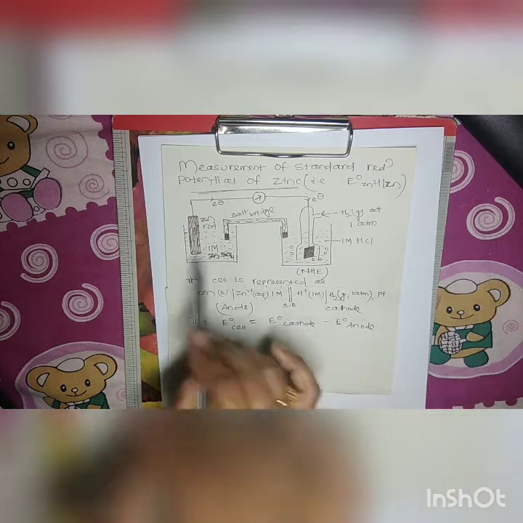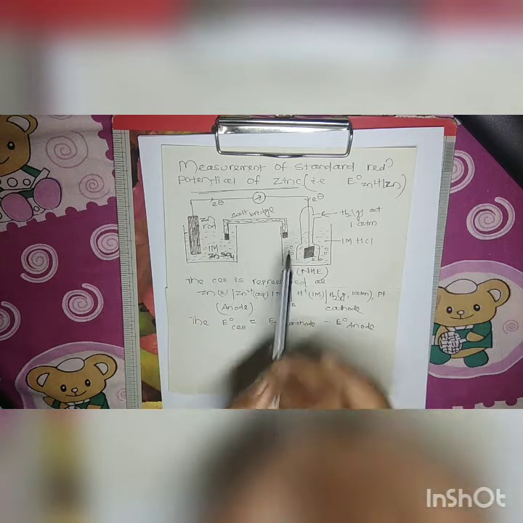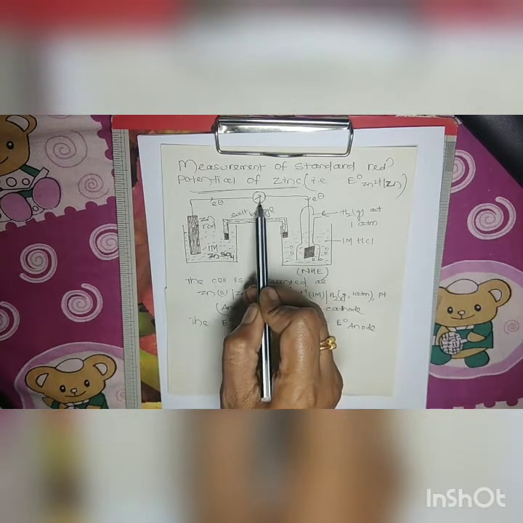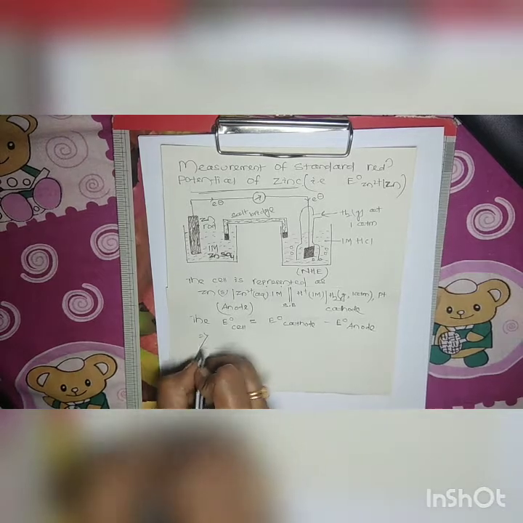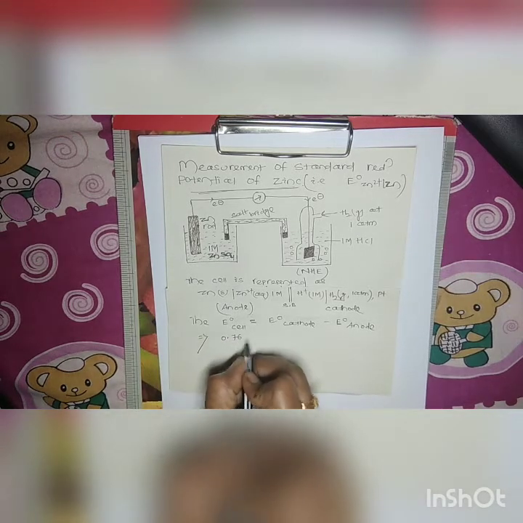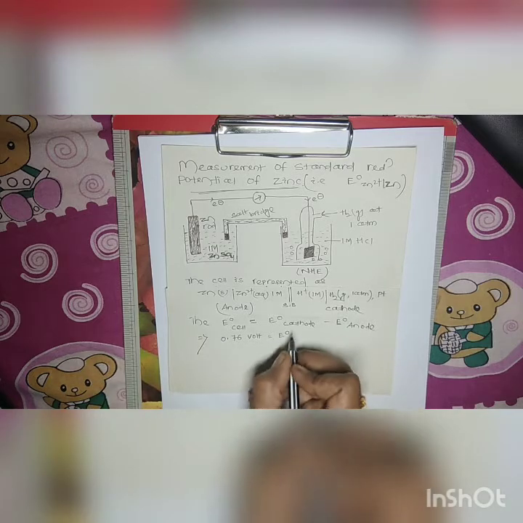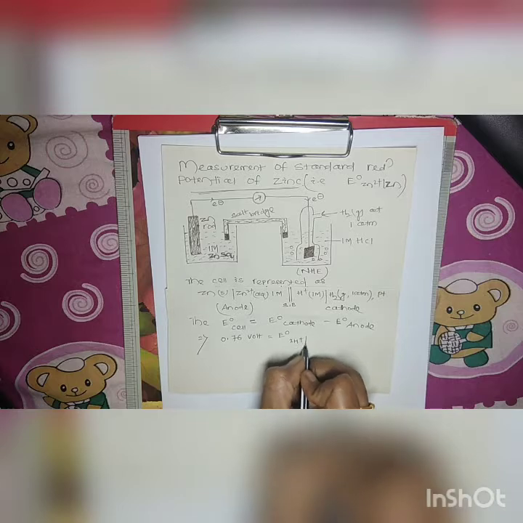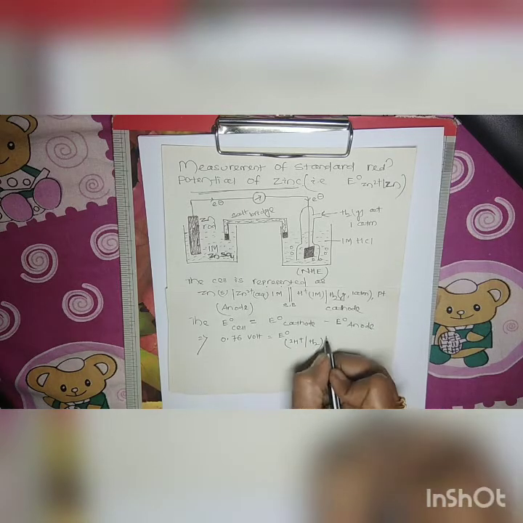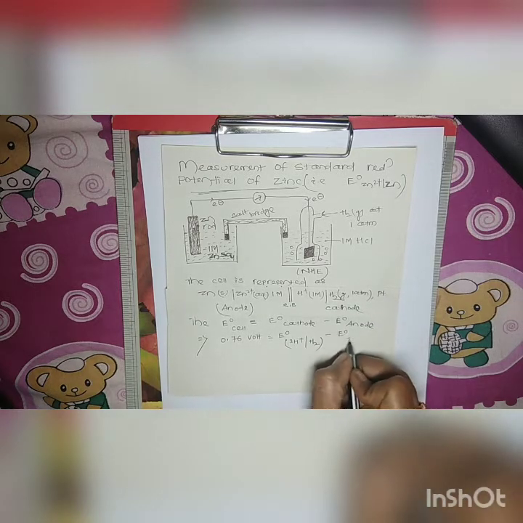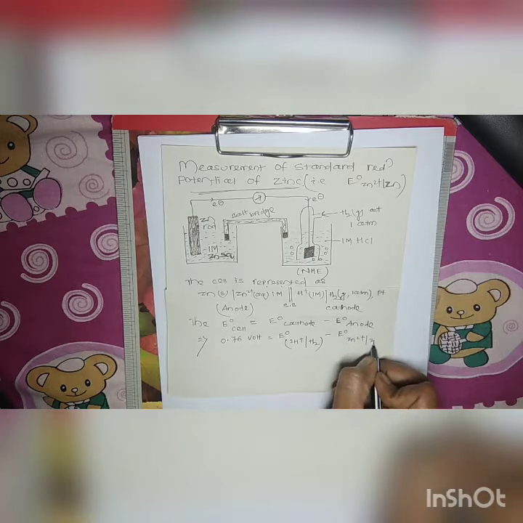And we know that after completing the cell circuit, the deflection is showing 0.76 volt. This implies 0.76 volt equals E naught cathode, represented by hydrogen, that is 2H+/H2, minus E naught Zn2+/Zn.